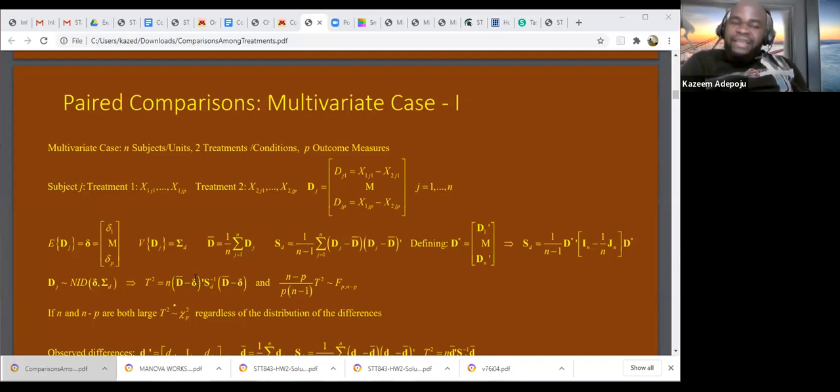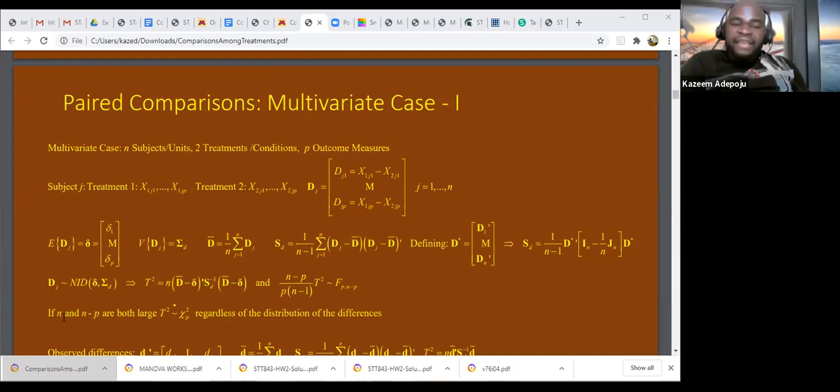The mu here is going to be a vector mean, particularly maybe a hypothesized one. And what I have right here is the inverse of the variance-covariance. Of course, we are also going to take this one from the idea of the Hotelling T squared, and this guy here follows an F distribution.